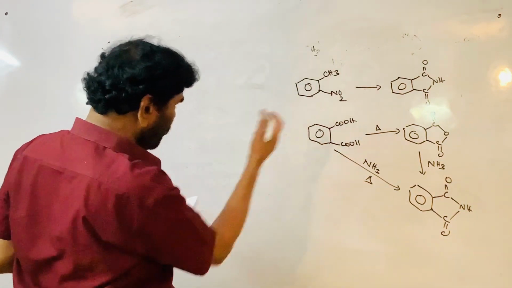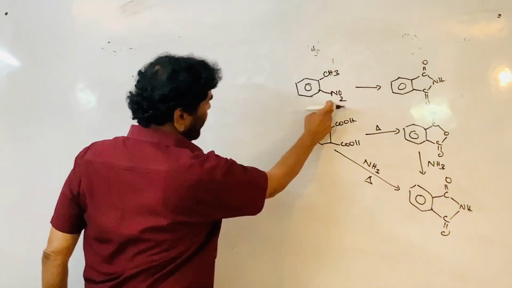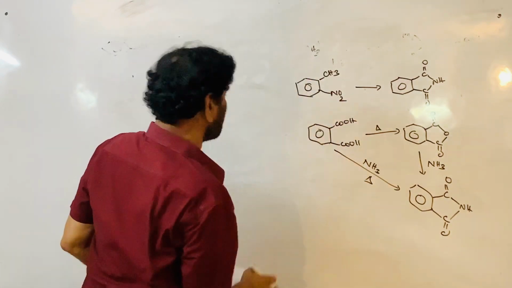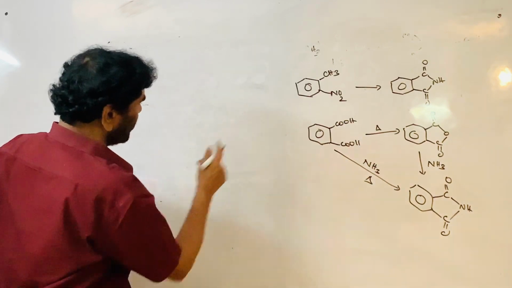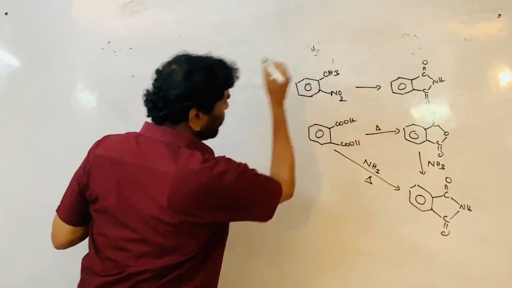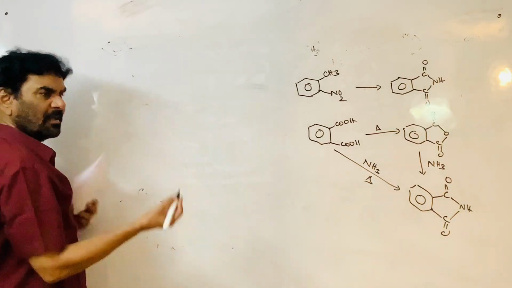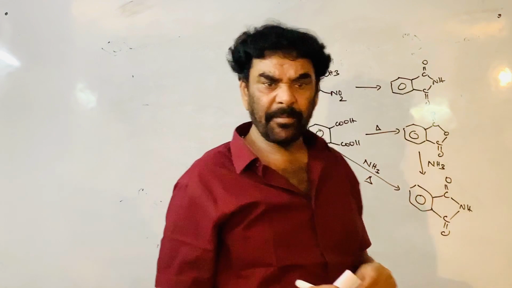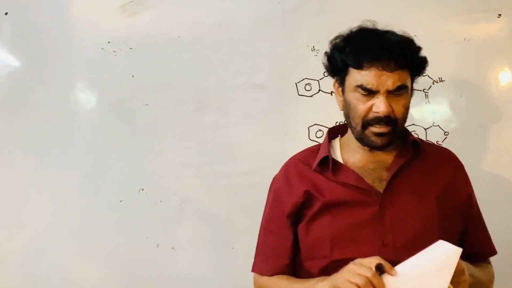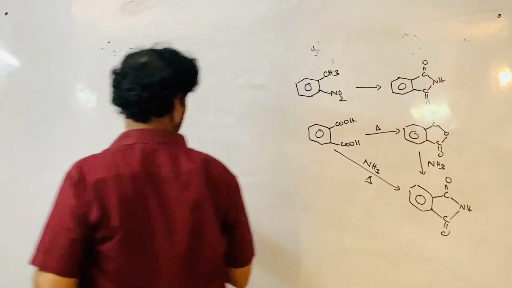So now how to do this one? This should convert into benzene-1,2-dicarboxylic acid, that is phthalic acid. How can the nitro group be converted into the COOH group? There is a procedure: diazonium salt, Sandmeyer reaction with KCN and copper.